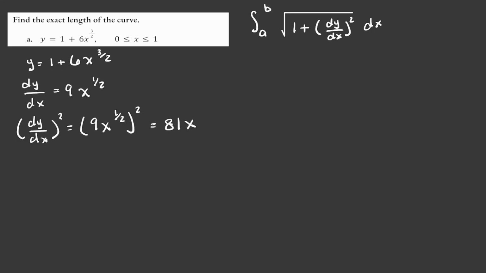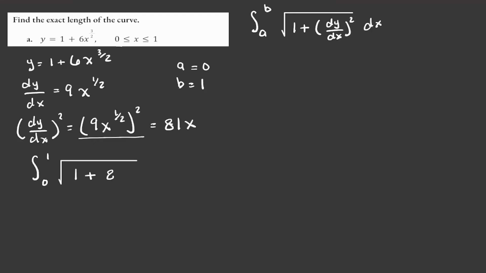After we do that, we input what we have now into the equation. Our limits are given here, so our a is 0 and b is 1. So now we write it from 0 to 1, square root of 1 plus whatever we got here.